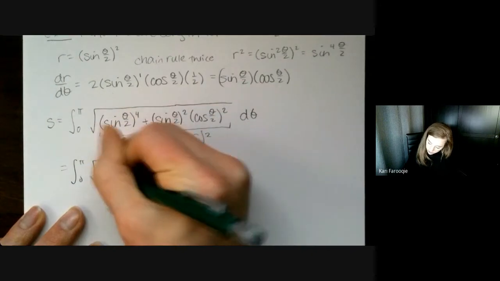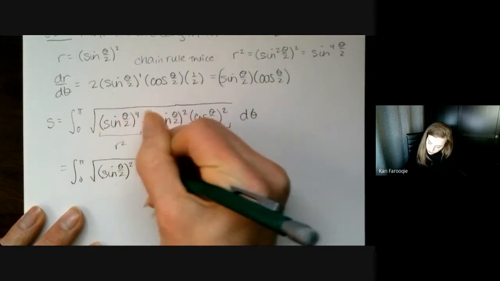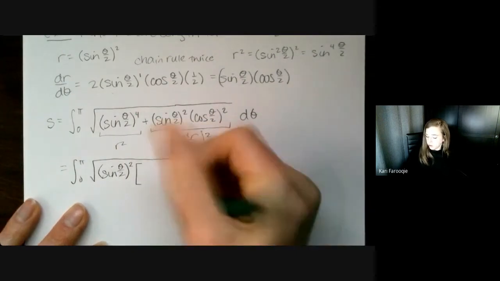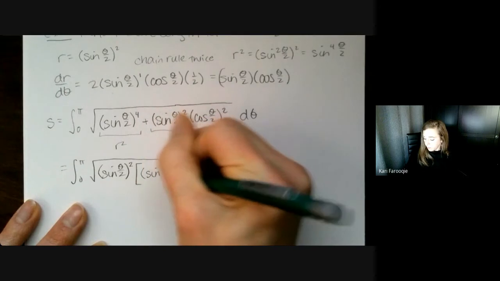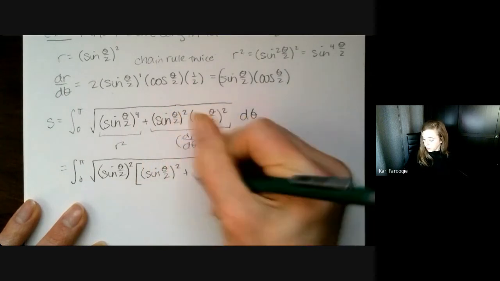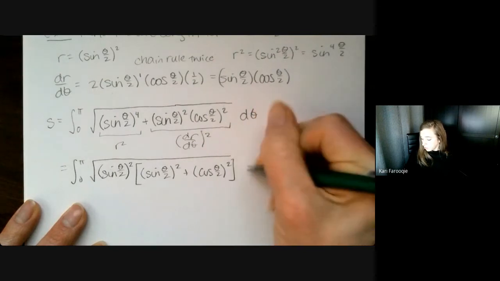So I'm going to take out sine theta over 2 quantity squared. And what that's going to leave me with is I'll still have 2 factors of sine theta over 2. And I'll have cosine theta over 2 squared as well.